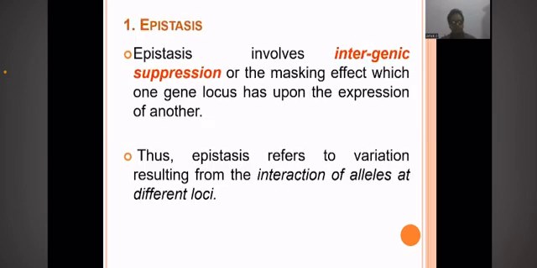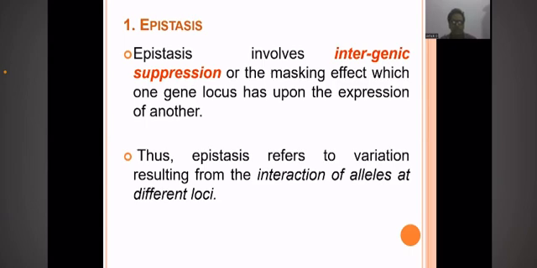So the first one that we will be discussing is epistasis. Epistasis, as I told you, is a process or mechanism which is formed due to intergenic suppression or masking effect. To put it in simple words, one gene tends to dominate, and the other gene, which gets repressed or masked by the action of the dominant gene, is considered as recessive epistasis.